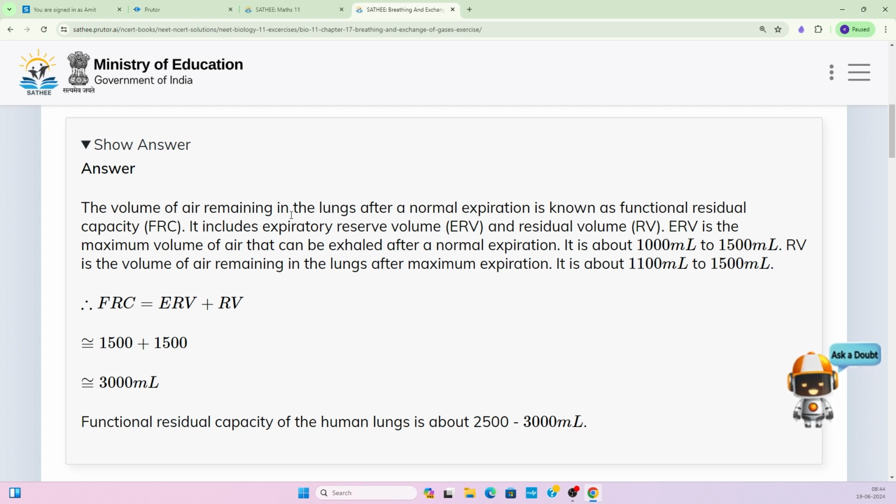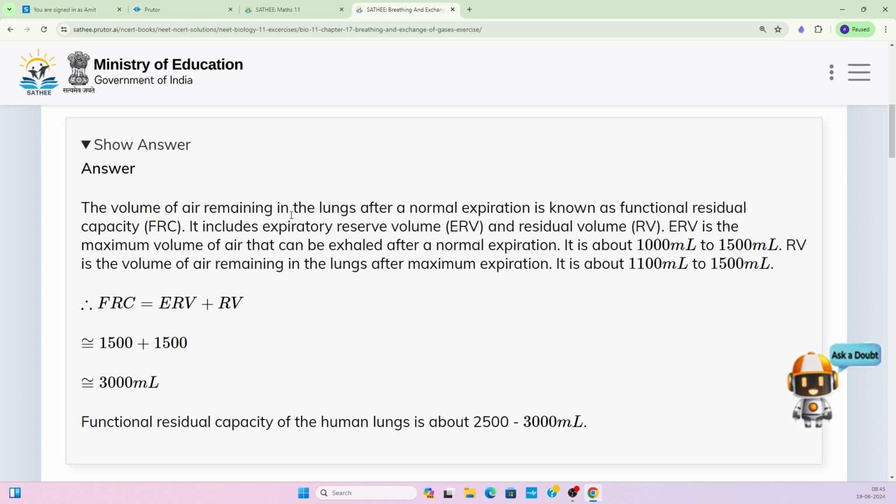So the small amount of air that remains in the lungs after the normal expiration is known as functional residual capacity, and it includes the expiratory reserve volume as well as the residual volume.